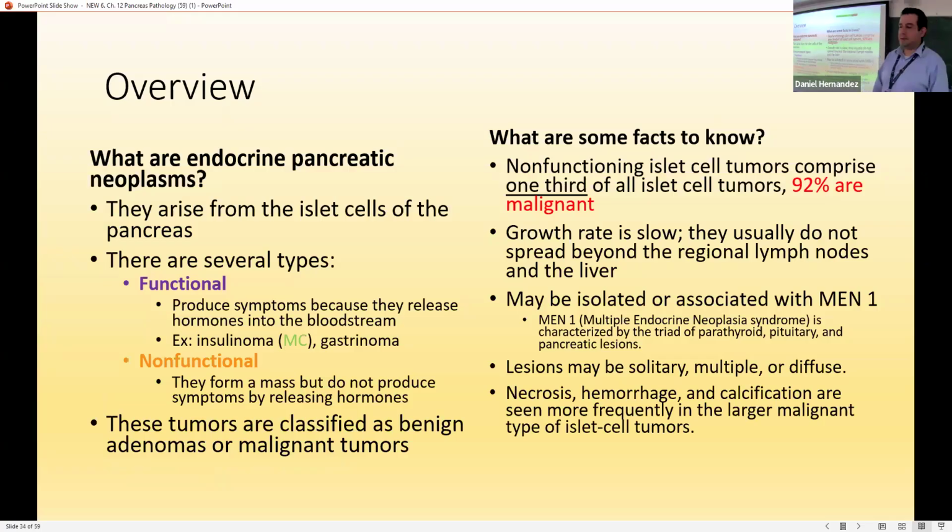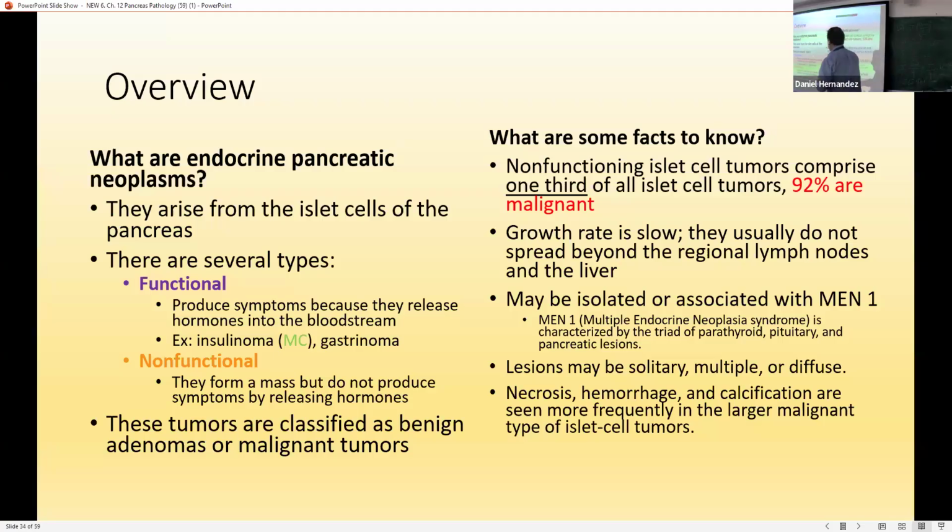All right, so endocrine pancreatic tumors. Again, they arise from the islet cells of the pancreas, because we know these are responsible for the endocrine secretions. There are several types, functional and non-functional. Functionals produce symptoms because they release the hormones directly into the bloodstream.